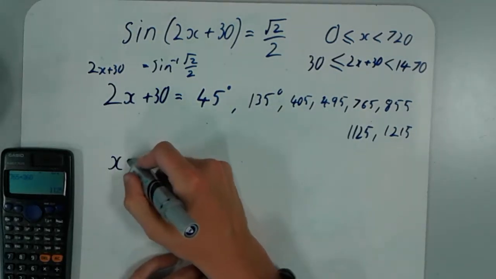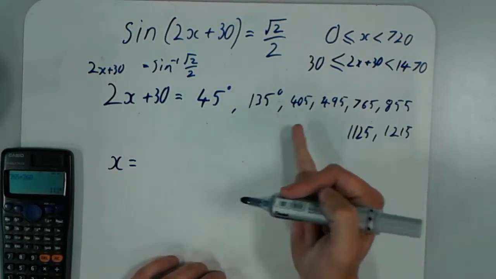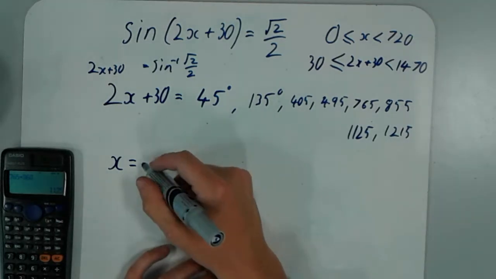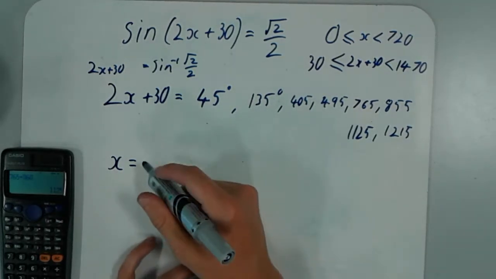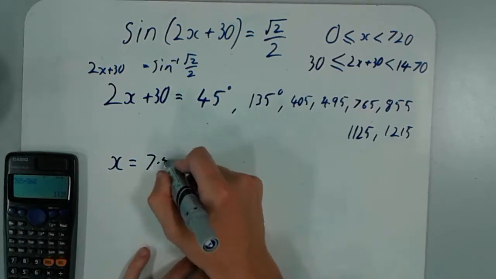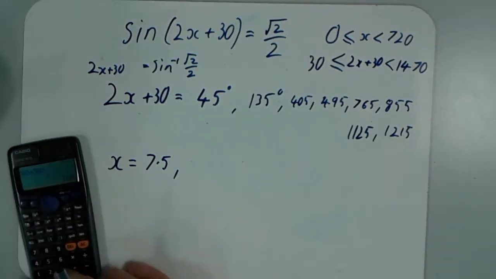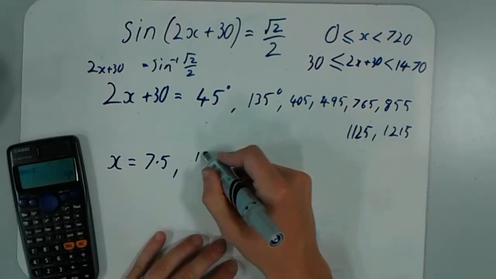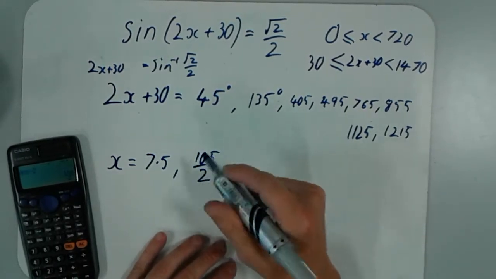All that remains now is to find out what each of these values of x actually is, because remember these are 2x plus 30, so I'm going to have 15 divided by 2, and then let's just get the calculator out and do each of these. 105 over 2.